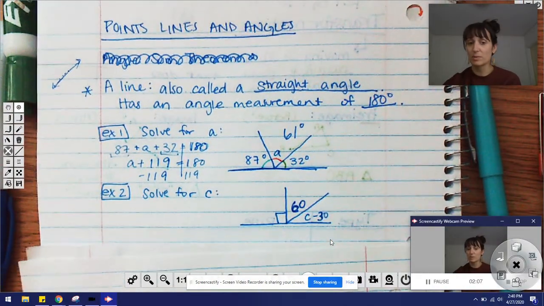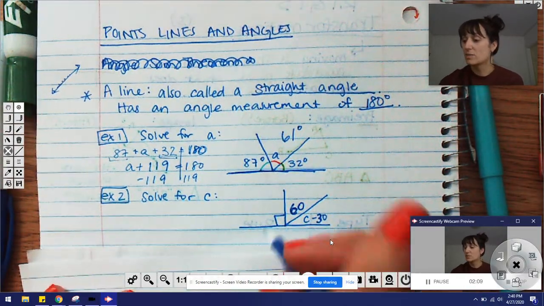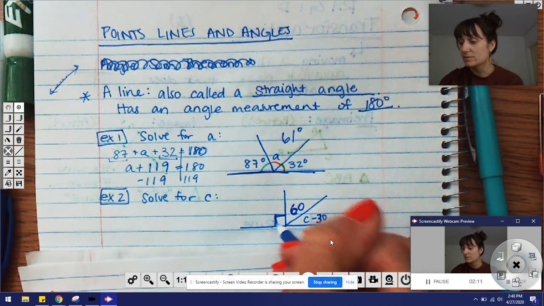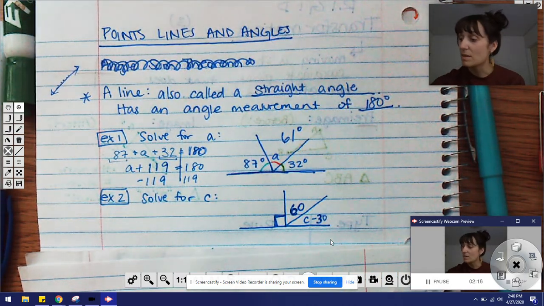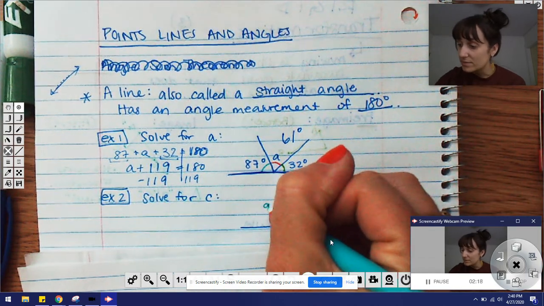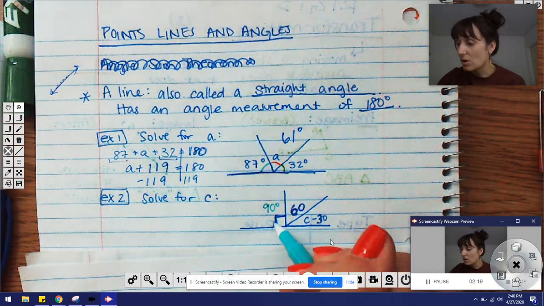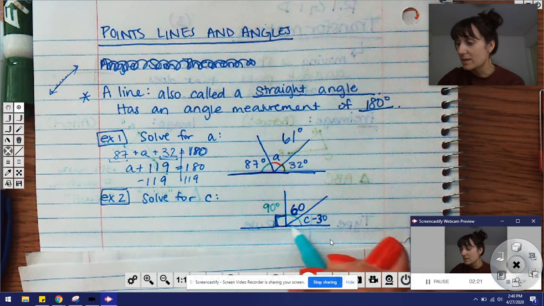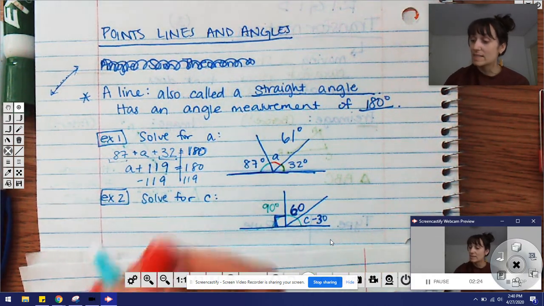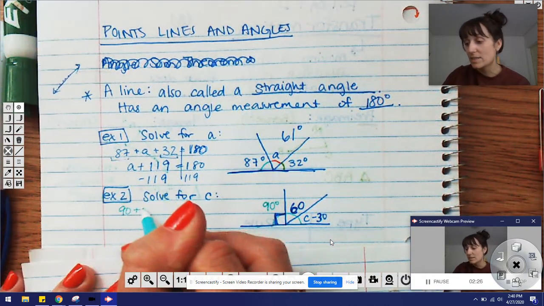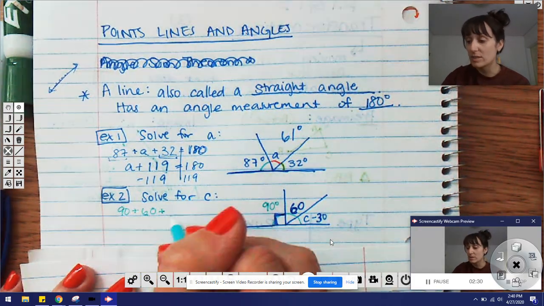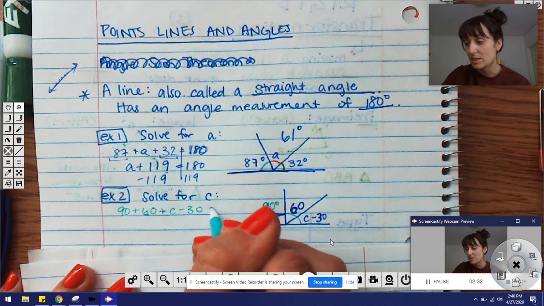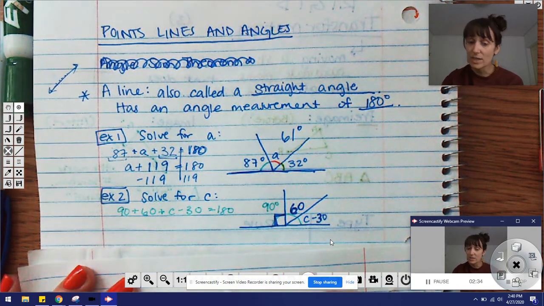It's a similar problem here. The one trick here is we have this unlabeled angle. However, I know that this box means that this angle is 90 degrees. All three of these angles, again, lie on the same straight line, so I can set up an equation. 90 plus 60 plus, this whole angle is called C minus 30, equals 180 degrees.